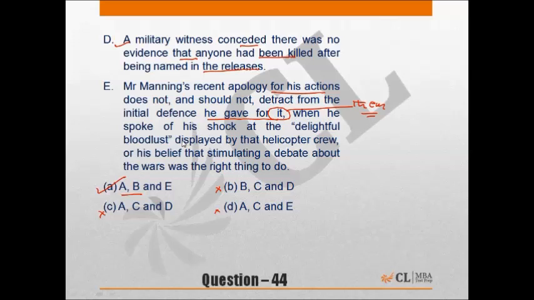When he spoke of a shock at the delightful bloodlust displayed by that helicopter crew, he believed that stimulating a debate about the wars was the right thing to do. So statement E is also inappropriate usage. Instead of "it" it should have been "them". An easier one as compared to the previous question, and the fact that A and B were very visibly incorrect helped us just mark the answer even without going through the other statements.